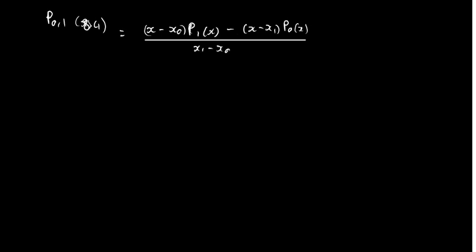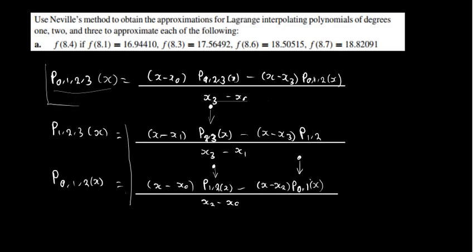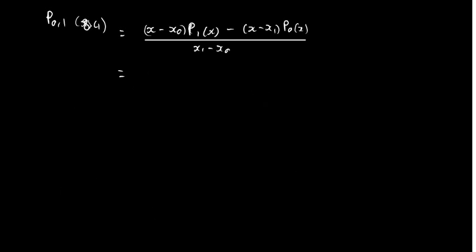Okay. Now we're going to evaluate this. What is our x naught? Our x naught is these values over here, so you're just going to have to keep track of them in your head, so that I don't make a mistake somewhere. So we're going to have 8.4, because that's the one we're evaluating, minus what is x naught? X naught is 8.1, right? Then this one is going to be 16.94410, minus 8.4 minus what's x1?